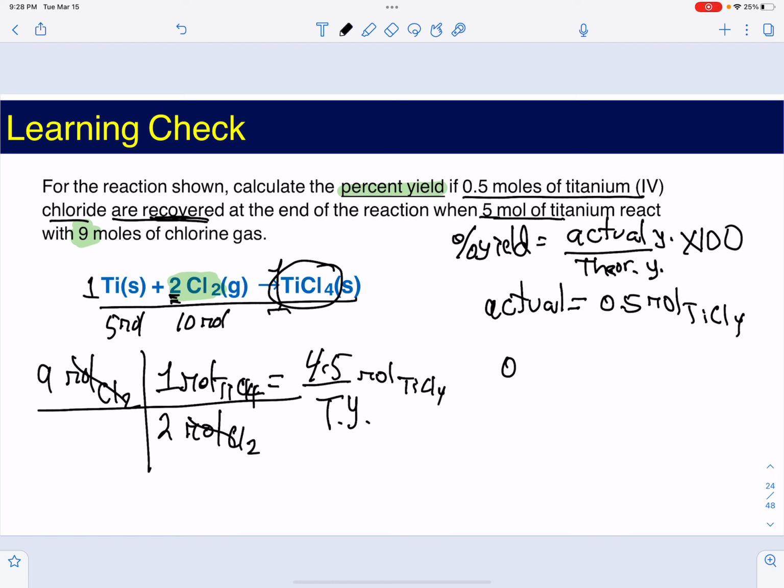So 0.5 divided by 4.5 moles times 100 is going to be how much?